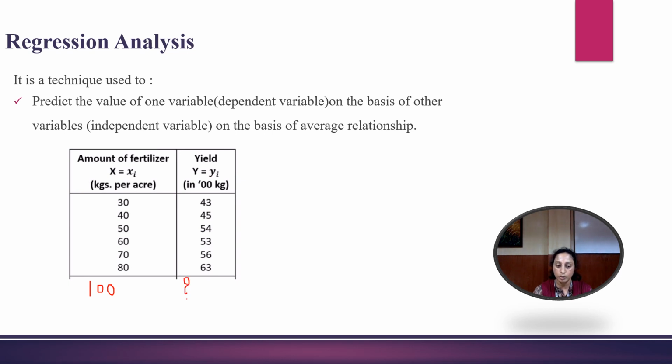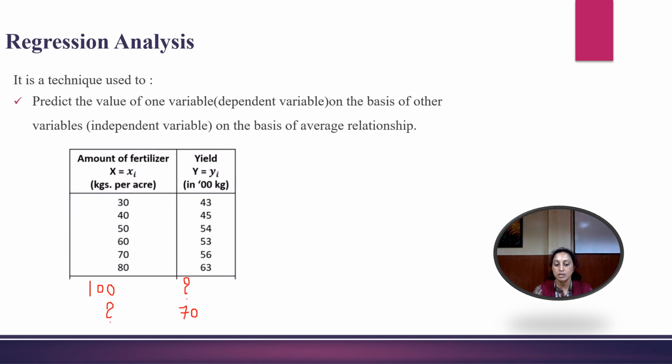Similarly, I can also estimate what the fertilizer used may be if the yield is 70 kilograms. So basically, we can predict the value of an unknown variable with the help of the known variable. This is the principle of regression analysis, and it is calculated based on the average relationship.